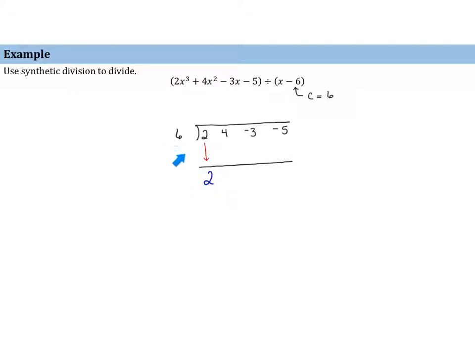So 6 times 2 is 12. To determine the next number, which will be in the third row, we add the entries that are above it in this column. So we will take 4 plus 12, and we will get 16.